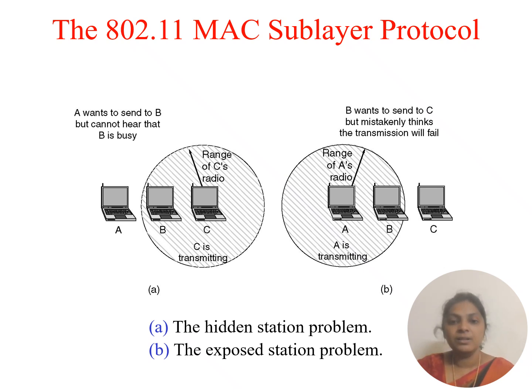Here A is starting a transmission to B. But even though B has some data to send to C, since A has started the transmission, B will mistakenly think that if it sends data to C, it will also cause interference. That will lead to lost opportunity for transmission. That is called the exposed station problem.